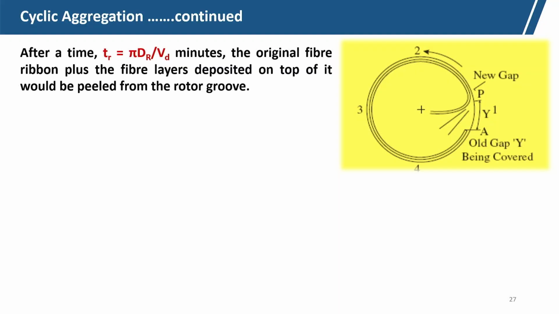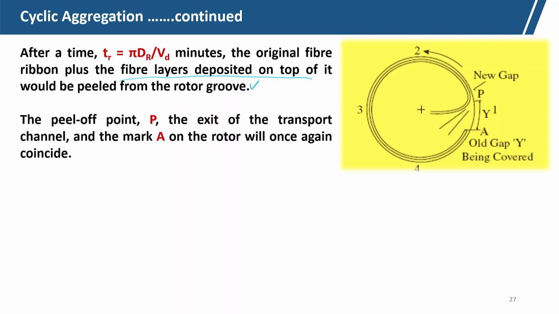After a time T r, that is pi d r by V d minutes, the original fiber ribbon plus the fiber layers deposited on top of it would be peeled off from the rotor groove that I have already mentioned. The peel off point P, the exit of the transport channel, and the mark A will again coincide at some point.